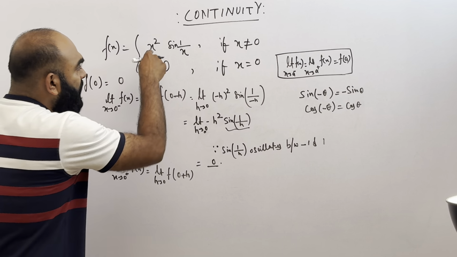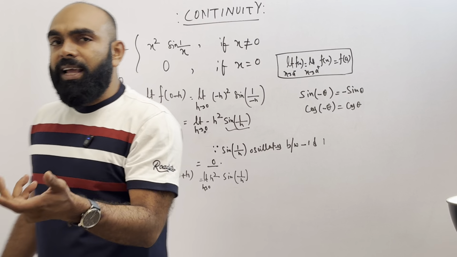Again limit h tends to 0. We know that sine of 1 by h oscillates between minus 1 and 1, so it has some value between minus 1 and 1.